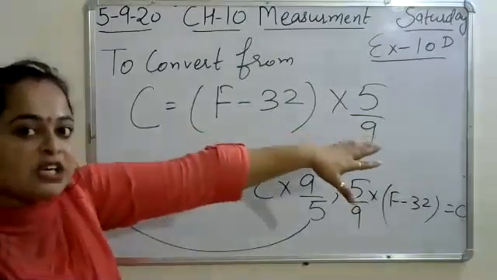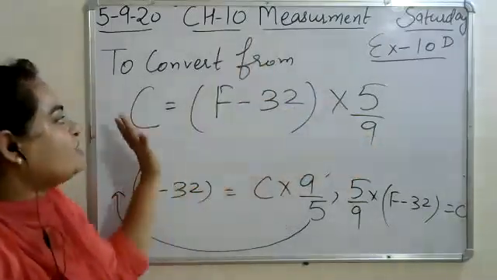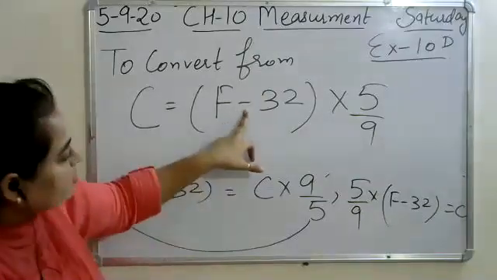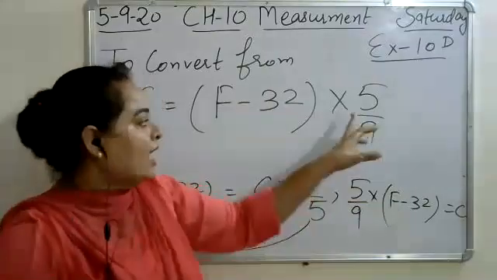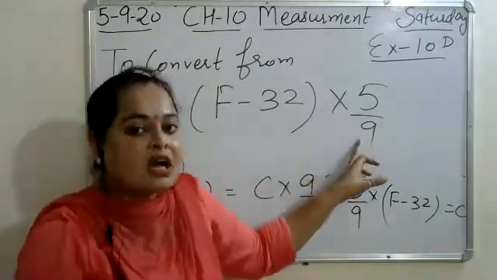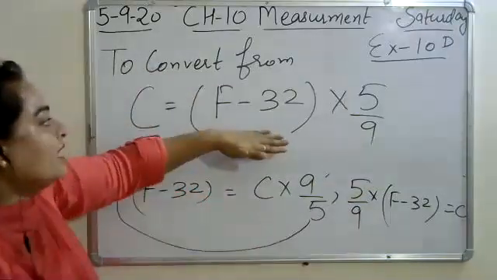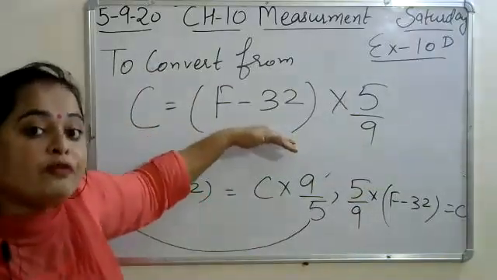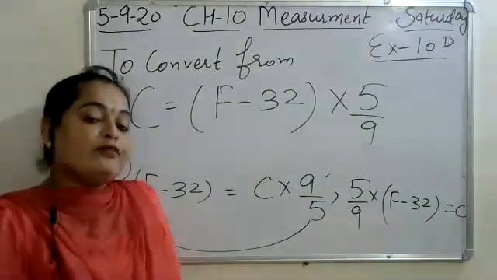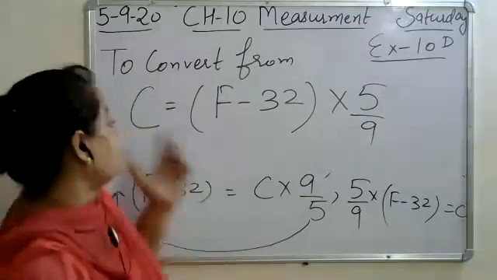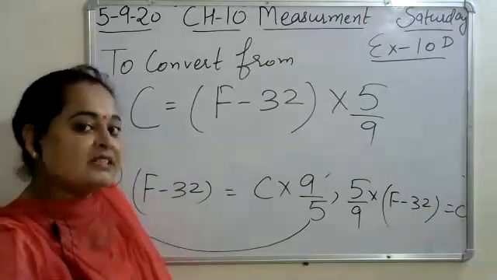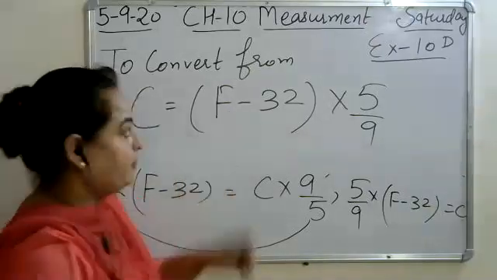We had plus 32, we shifted it to the other side, so plus became minus with Fahrenheit. 9/5 shifted to the other side changed into 5/9. So this is the modified form of the first formula, and we will apply it if we want the final result in Celsius and Fahrenheit is given.